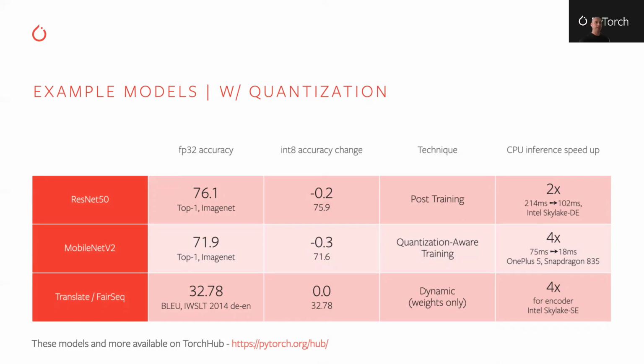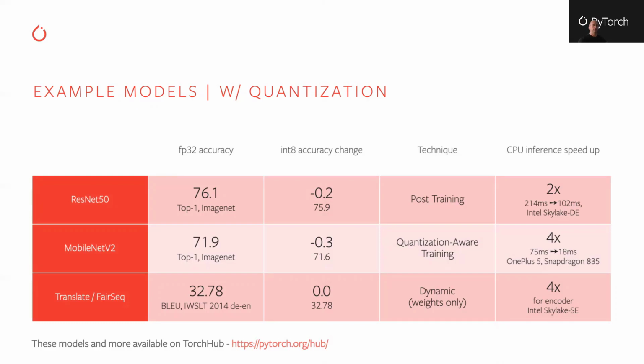And same with MobileNet V2, which is a model that was purpose built for mobile applications. We saw even better speedup using quantization aware training, 4x. And with NLP models, we looked at, for example, translation using FairSeq, and BLEU score is basically a metric for accuracy in translation.